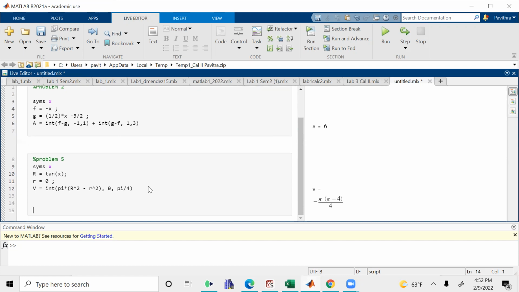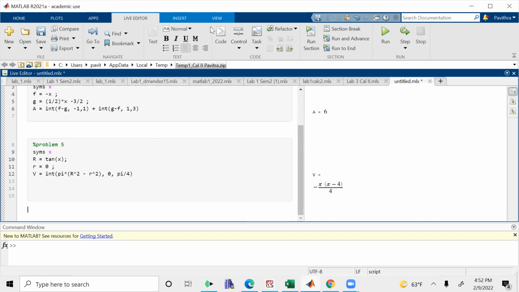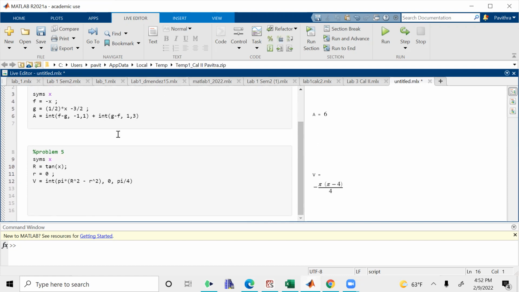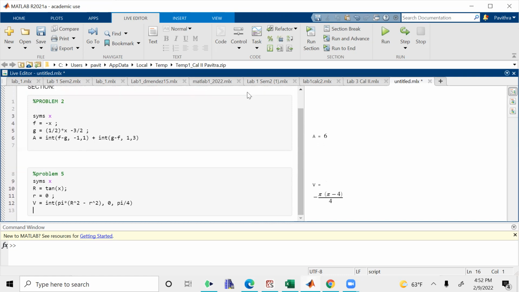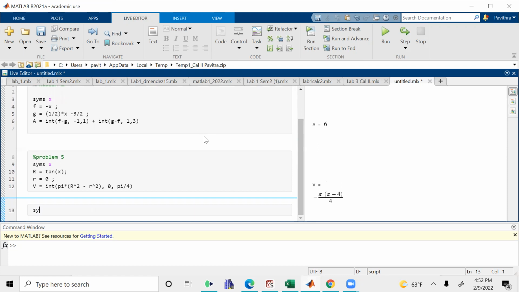Let me also do problem 7. We did not do the hand calculations, but I will show you how to do that. Let me apply a section break here. Okay.